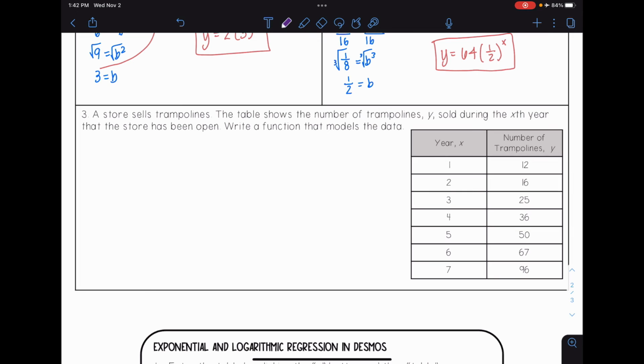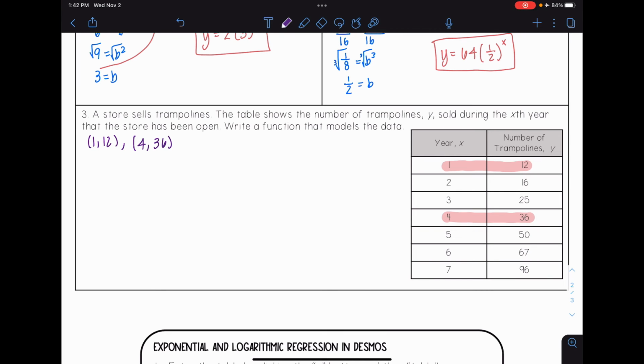We can choose any 2 points to write a model, just like what we did in the previous 2 problems. I'm going to choose this first point, and I'm also going to choose (4, 36). It doesn't matter which ones you choose though. So I have the points (1, 12) and (4, 36).